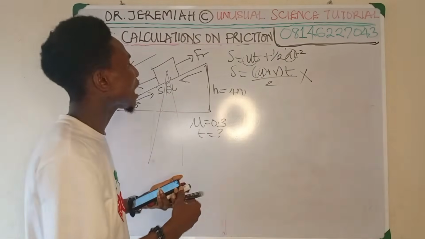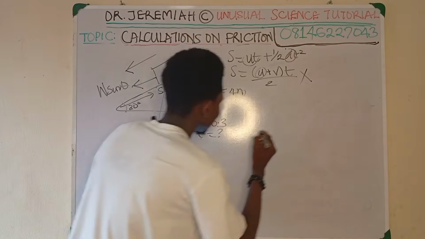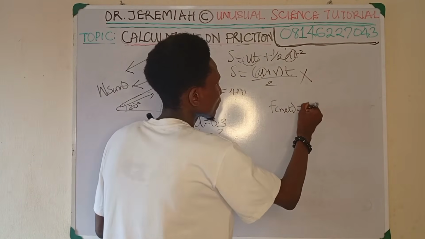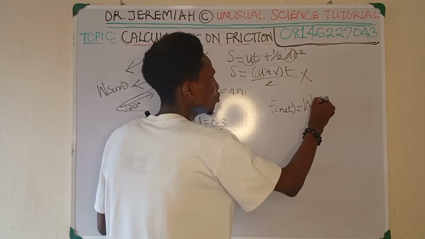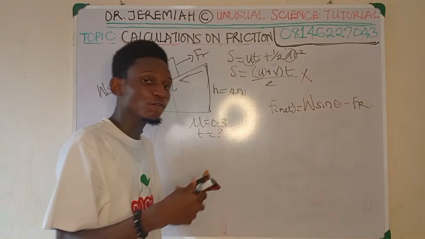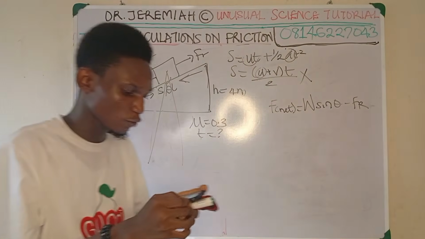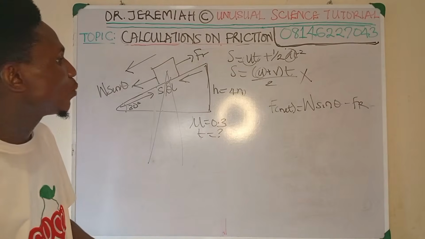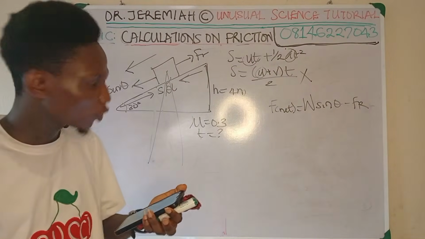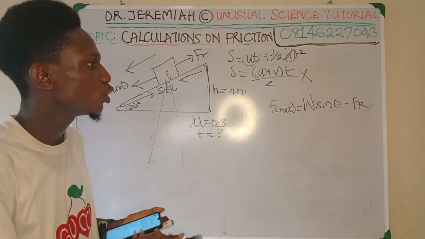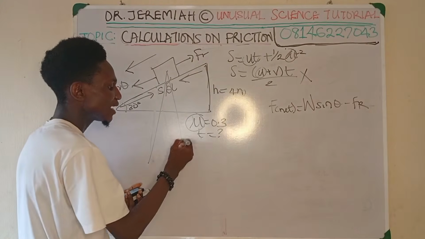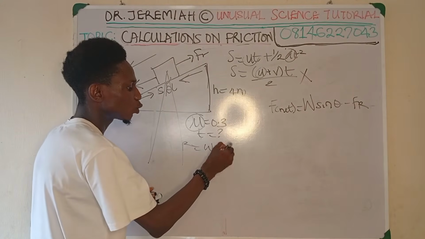So our net force is what? F net equals, the body is moving downwards, so you have W sine theta minus frictional force. There's no pulling force in this question. Now, we're not given frictional force in this question, we're only given the coefficient of friction. Whenever you see coefficient of friction, just know that I'm going to use that third equation that says R equals W cos theta.